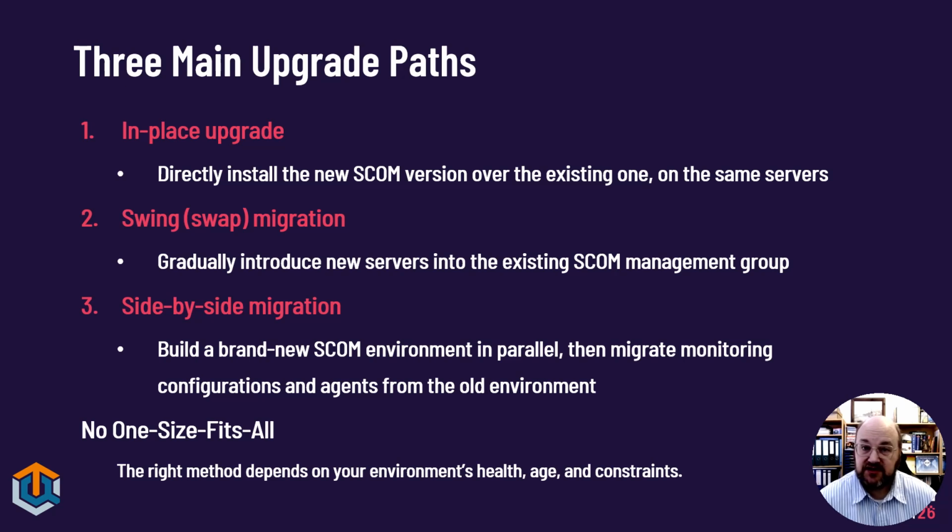For an in-place upgrade, you almost literally put the CD for the next version into the first management server, and then you say, okay, let's upgrade and see if it finishes the wizard. If it does, then you take the next management server and so on, until you reach the end and you have upgraded everything. So that's an in-place upgrade.